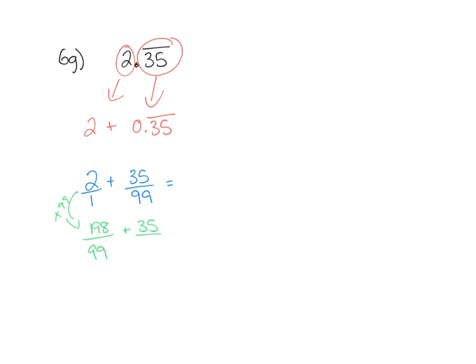Then I can add my 35 out of 99, which will give me 233 out of 99. Now, remembering that we can just leave it here instead of breaking it down anymore. So they're finding your answer key with just 233 out of 99.